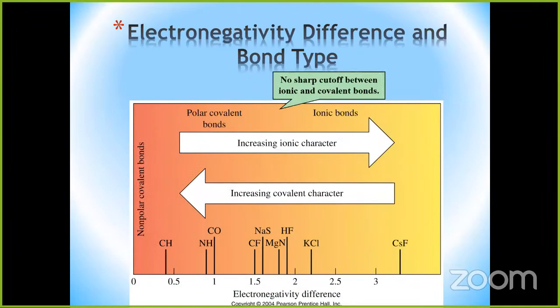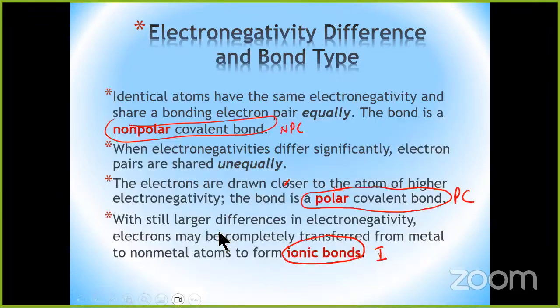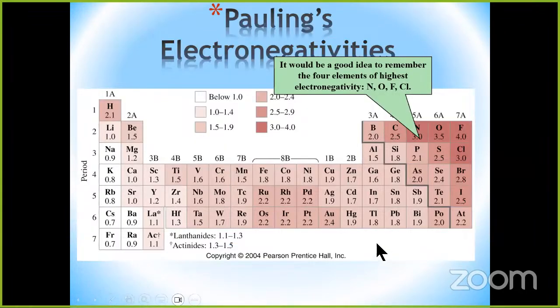Now when you get to something like carbon and oxygen, carbon is 2.5 and oxygen is 3.5. That's a difference of 1. That's more significant, and therefore, for most intents and purposes, we consider that bond to be a polar bond.